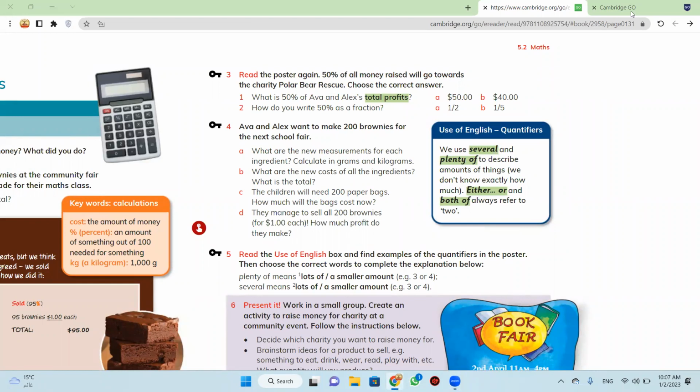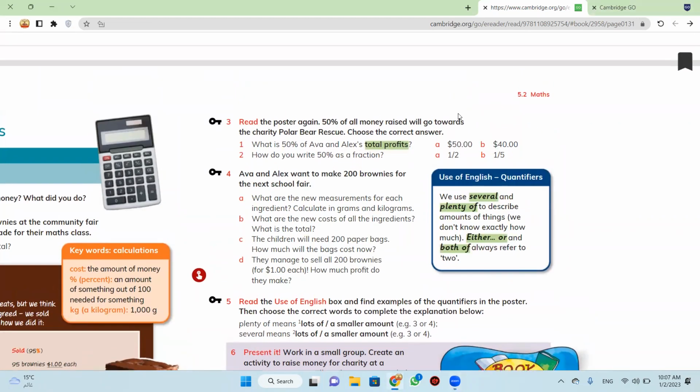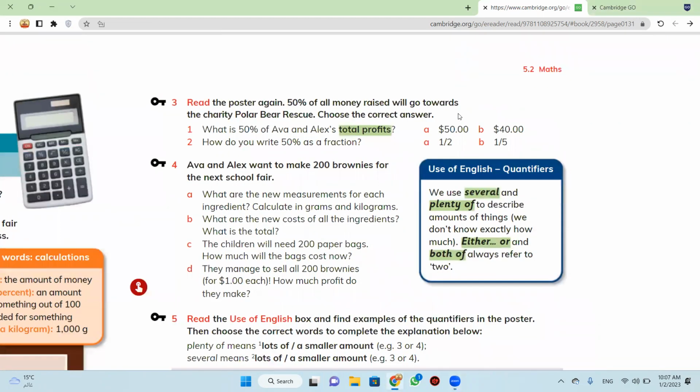Now let's take a look at activity 3. Who wants to read activity 3? Ahmed? Yes, Ahmed, can you read activity 3? The poster again: 50% of all money raised will go towards the charity Polar Bear Rescue. Choose the correct answer. 1. What is 50% of Ava and Alex's total profits?